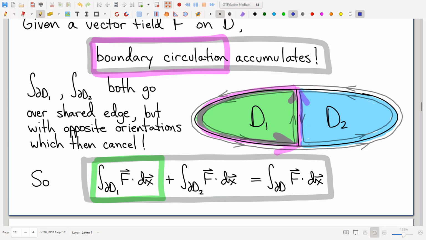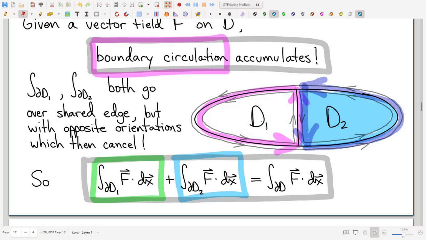Okay, region on my left has me going about like that. All right, that's the boundary circulation for D2. And now let's ask, what do I get when I add those up? If I take the boundary circulation for D1 and add the boundary circulation for D2, adding those together, well, let's see here.